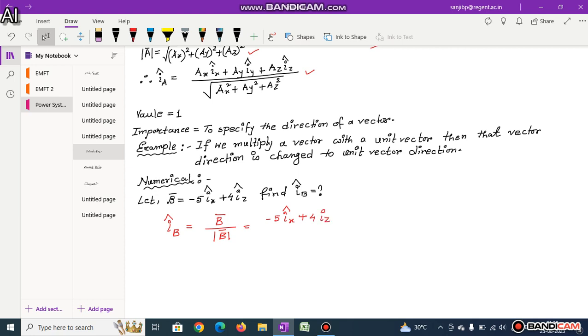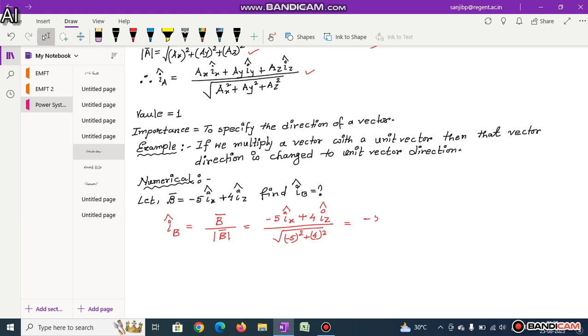Next, for the mod value, take the coefficients. There is no Iy, so only -5 squared and 4 squared.